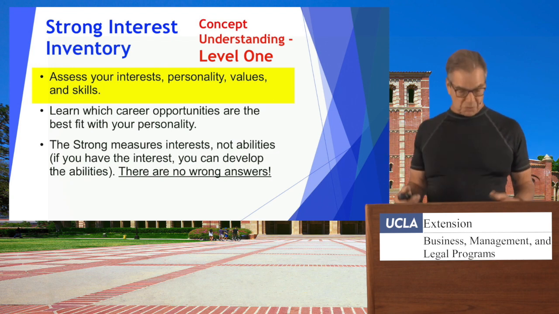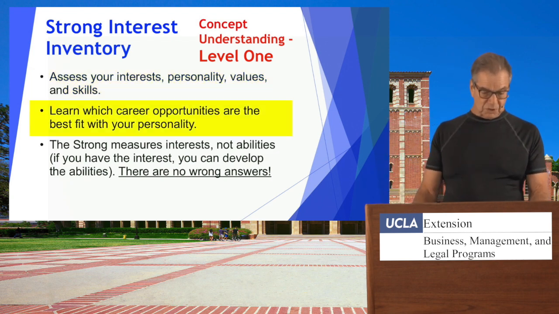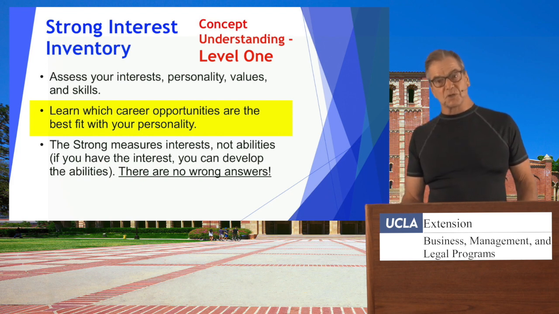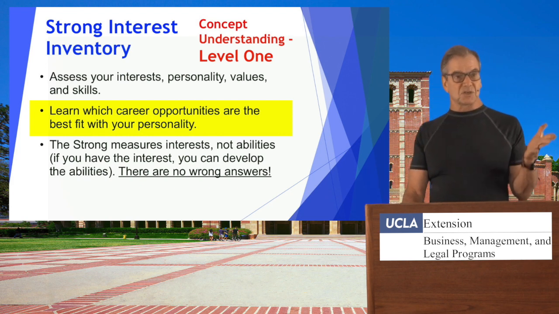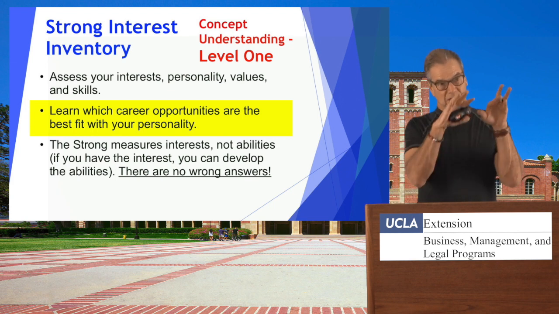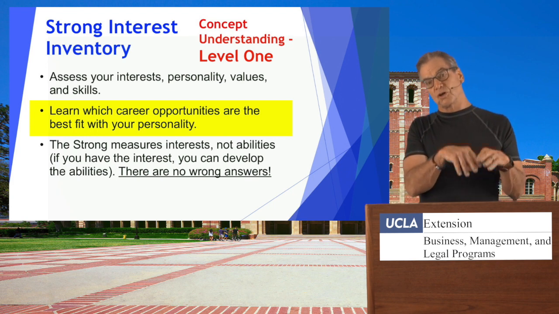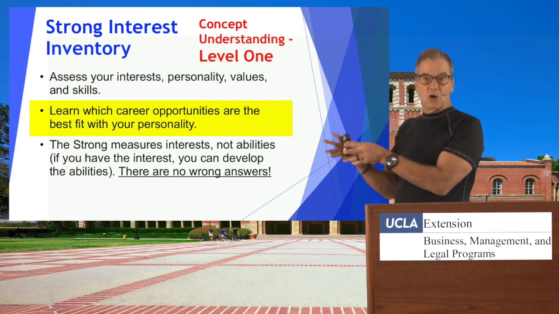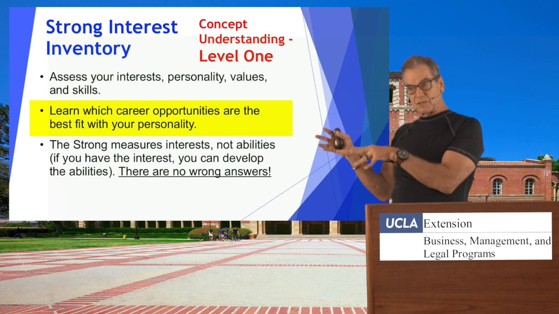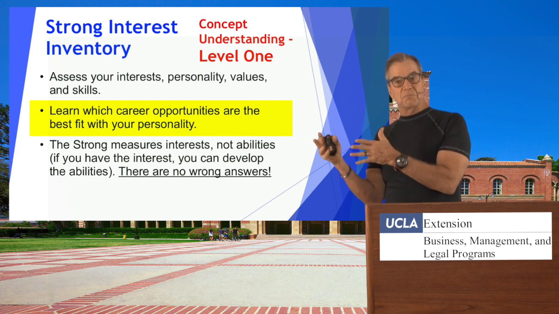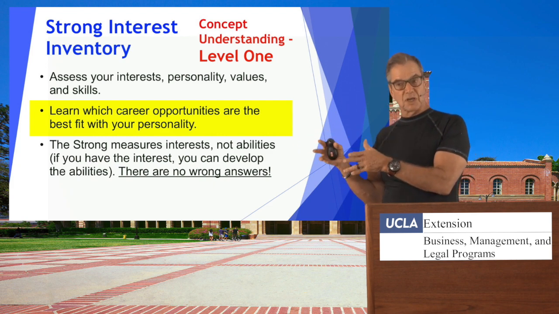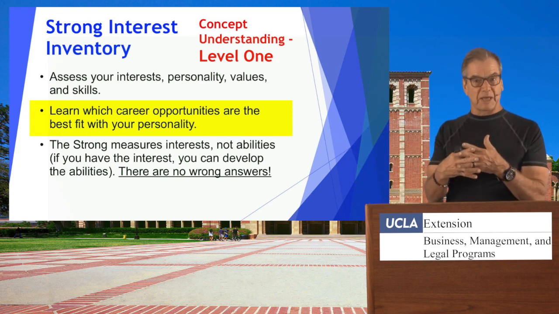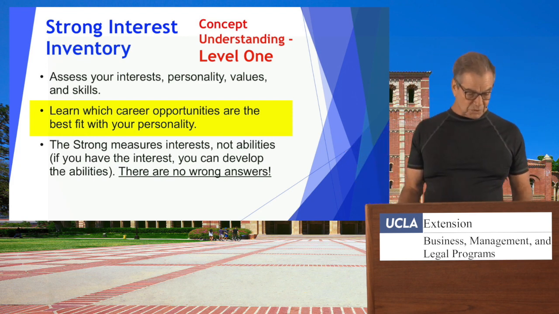What are your interests? Next, it deals with learning which career opportunities are the best fit to your personality. It takes your interests and makes a short list of your highest interests, and then it'll screen all the known occupations. I think there are some 400 different occupational paths within the Strong inventory, and it shortlists that down to the occupational paths that align with your interests.